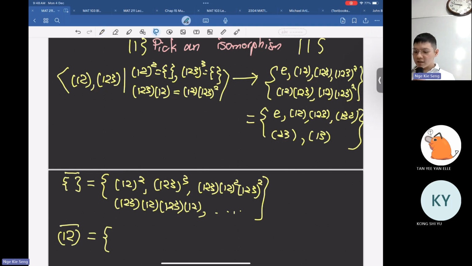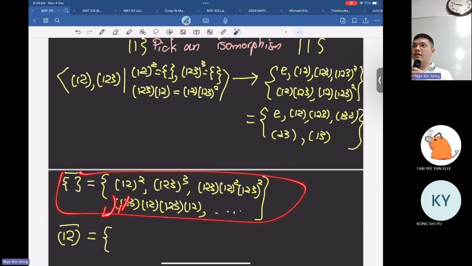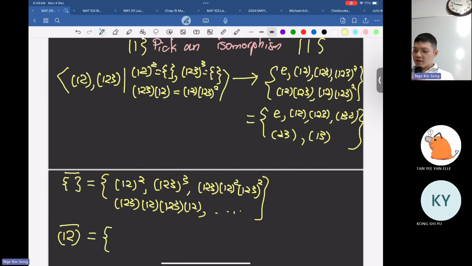Because equivalence classes partition the set. So identity already has one coset it belongs to. It cannot belong to two cosets here. So if I want to find the representative for (1 2), (1 2) definitely stays inside the coset. What else? What else is in this coset here?